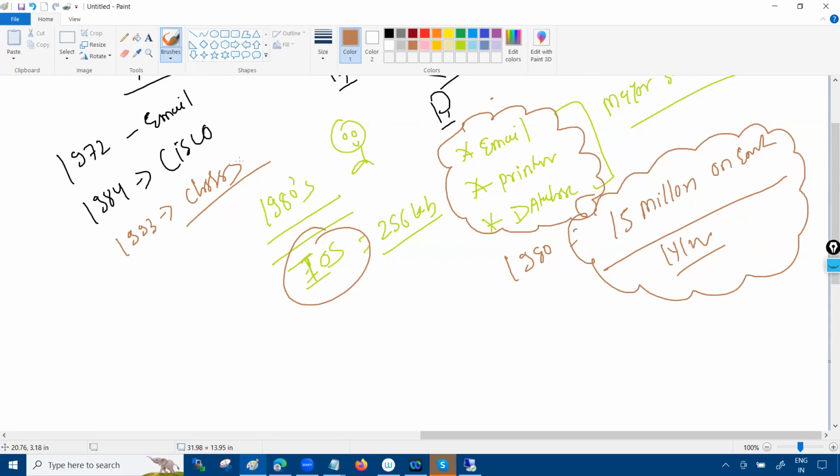In 1995 or 1996, I think, they came up with the concept called RFC 1918, the private IP address range. See how the internet was gradually increasing at that time.